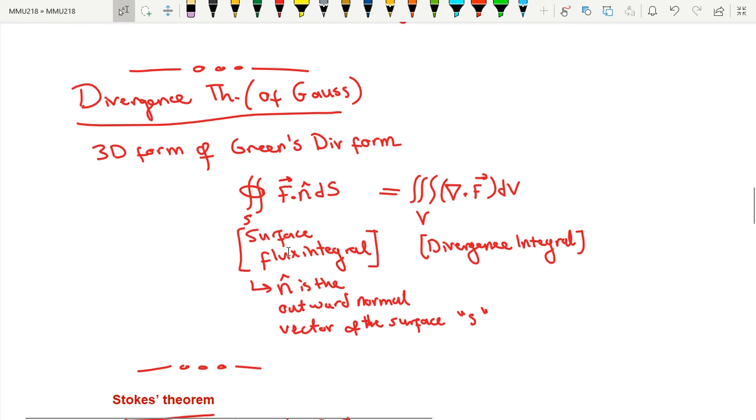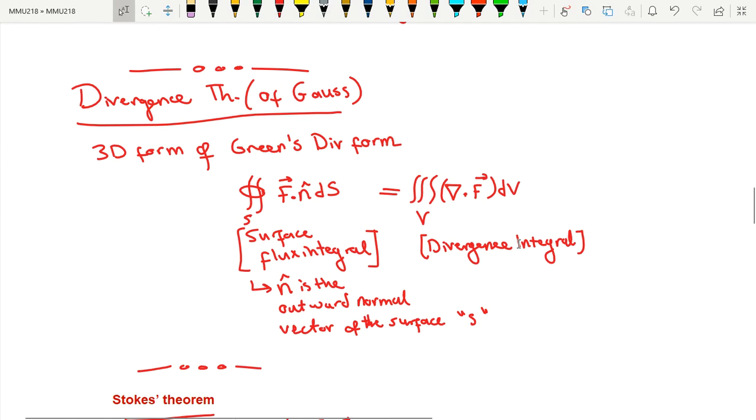This is a very general concept that you will use in heat transfer courses, flow courses, and so many other things. It is also applicable in magnetism and lots of other areas. So don't worry about it, just learn it. Now my surface integral, where n is the outward normal vector of the surface S, is equivalent to a divergence integral in a volume.